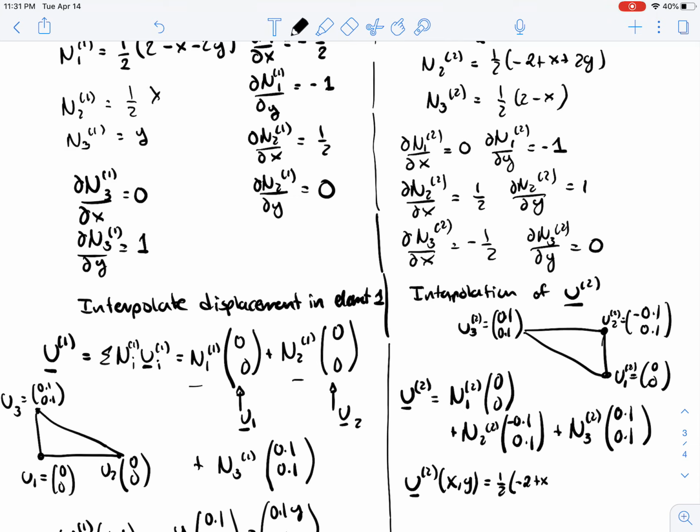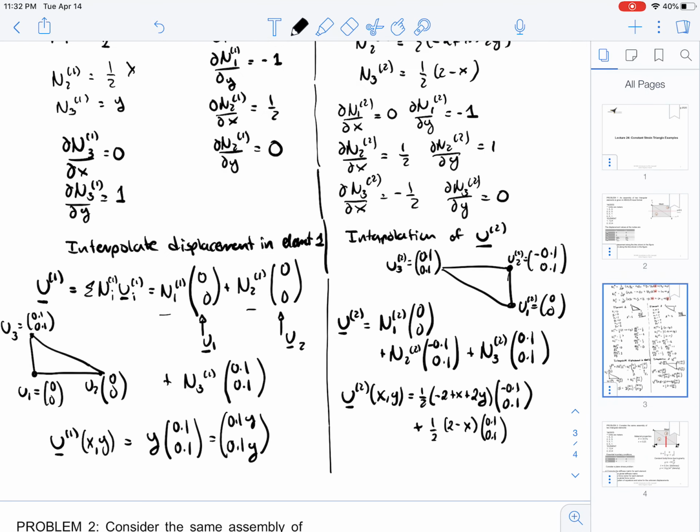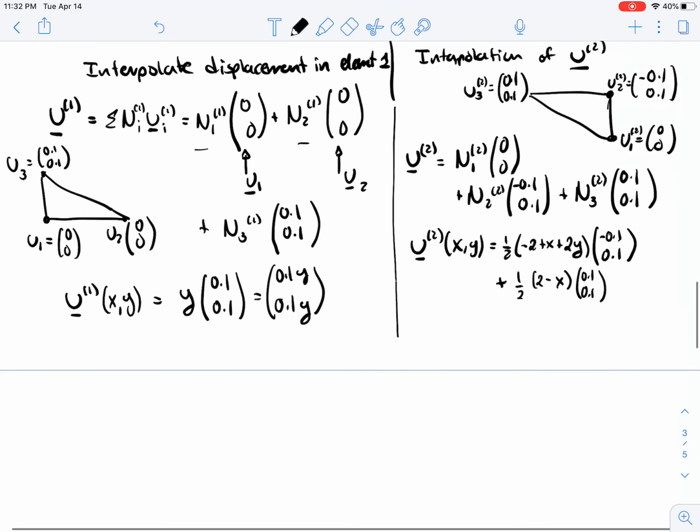So that one will be 1/2 of minus 2 plus x plus 2y multiplying minus 0.1, 0.1, and then plus shape function 3, which is 1/2 of 2 minus x times 0.1, 0.1.